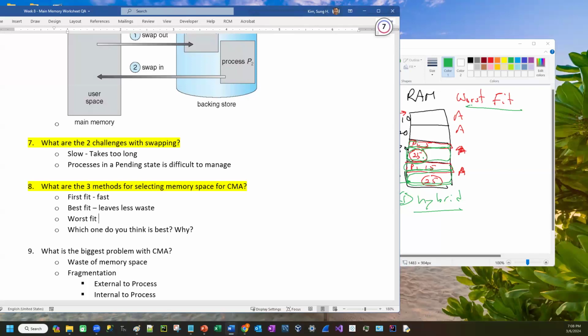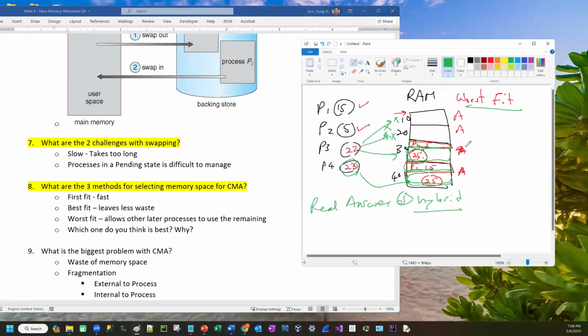But the worst fit is good because it allows other later processes to use the remaining space. So if you have a lot of processes that are running for a long time, maybe the worst is probably the best. But either way, you want to take advantage of all three of them.